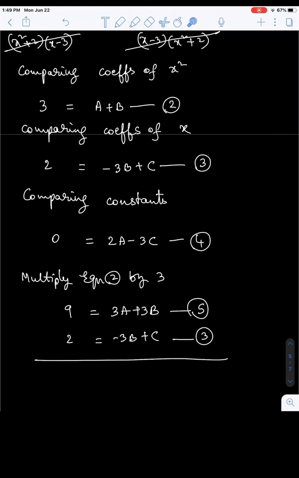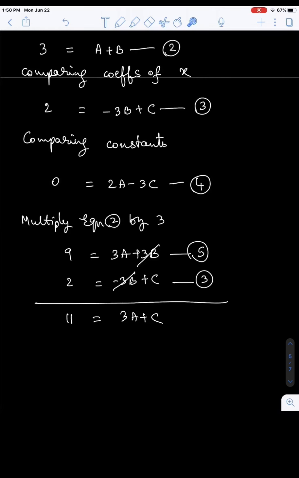So I have to take equation 3 and the new one, the equation found after multiplication, and simplify. Adding them, because these can be cancelled without changing the symbol. So these are cancelled. Here 11, here 3a plus c will come. How did this step come?